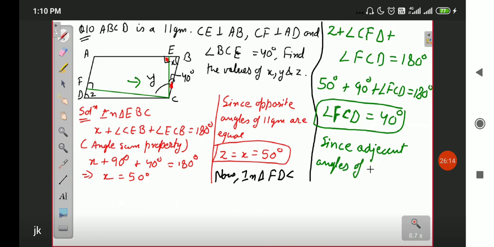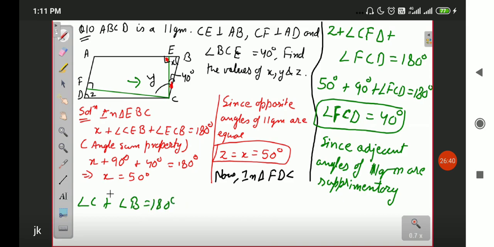Since adjacent angles of parallelogram are supplementary, that means angle C plus angle B is equal to 180 degree. Angle B was determined as 50 degree, so angle C will be equal to 130 degree.